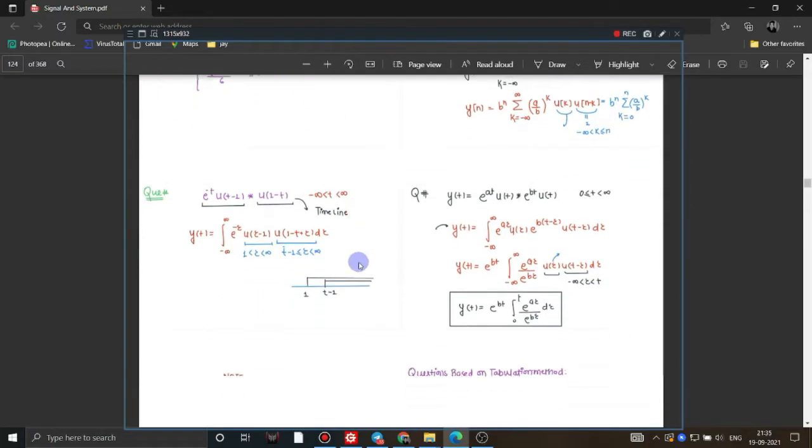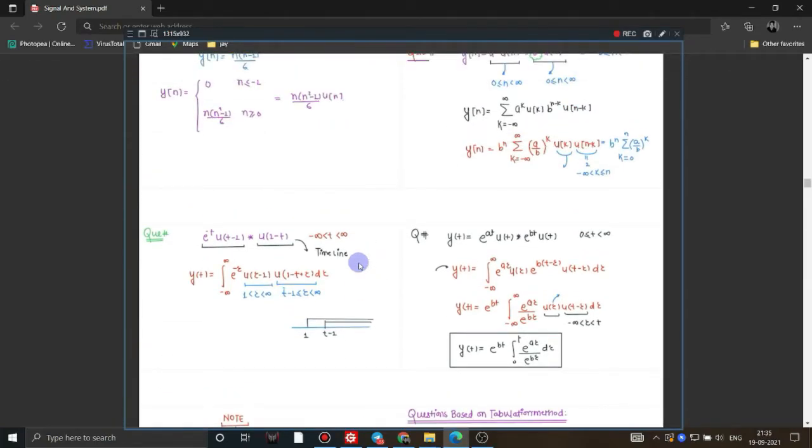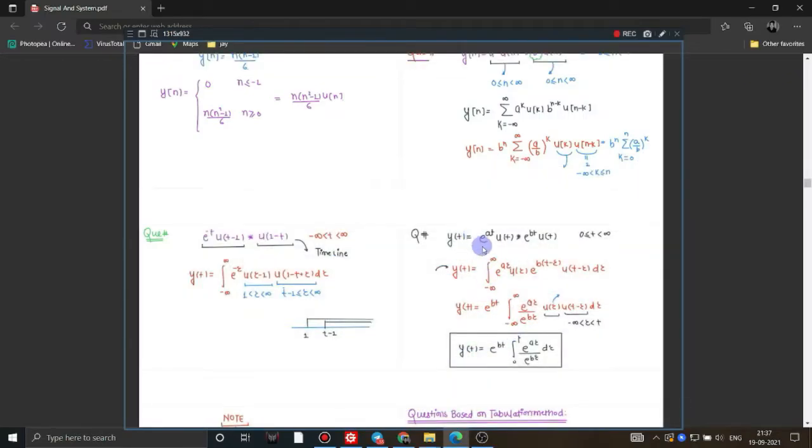Now let's go to this question. When you see the u(t) term is attached, and the coefficient of t is the same in both cases, then directly apply the formula.